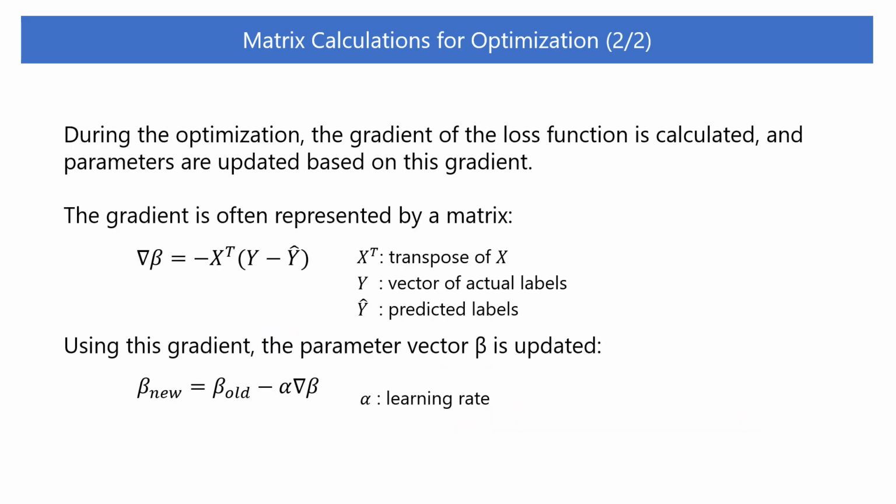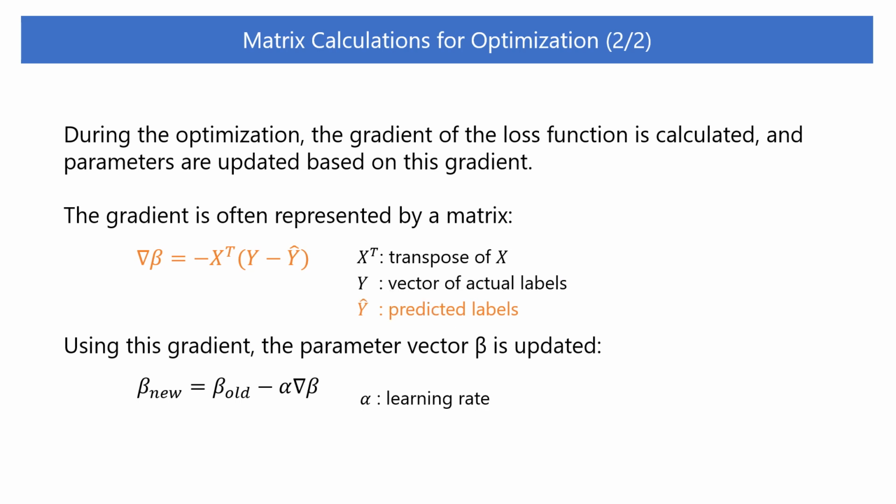During the optimization process, the gradient of the loss function is calculated, and parameters are updated based on this gradient. The gradient is often represented by a matrix, as in this equation. Here, X^T is the transpose matrix of X. Y is the vector of the label's observed values, that is, the actual values of the dependent variable.